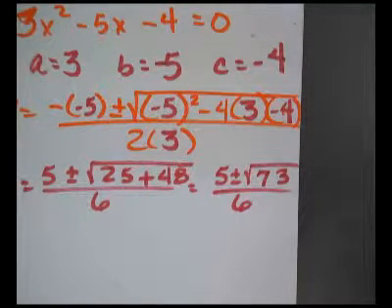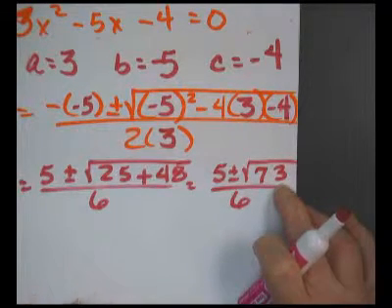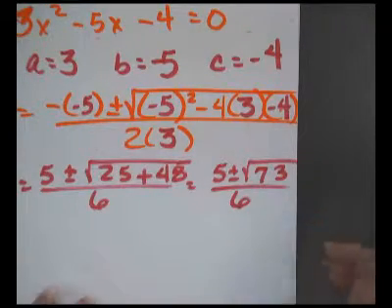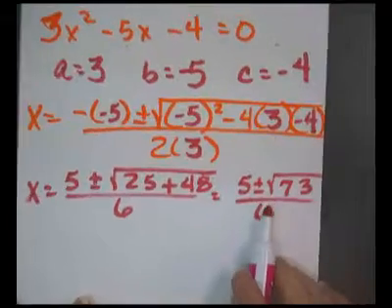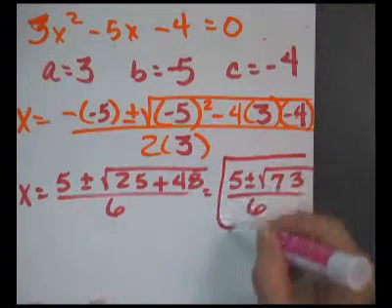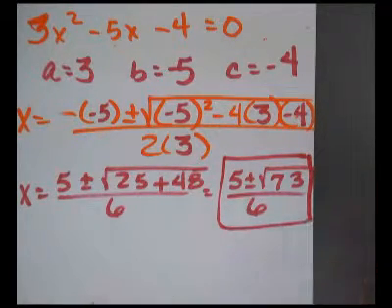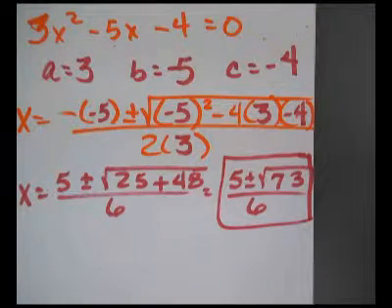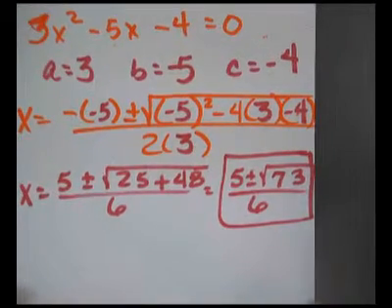When you got there, you got stuck, right? That's because that's as far as you can go. If it was 72, you could have put square root of 9, but this one you can't go any farther. Did everybody get this? Yes. If you didn't, you can look at my work to see where you might have made a mistake. And we're going to do a couple of them where we get this answer and then we get to approximations, and then we'll be done. Okay, did everybody get it now?